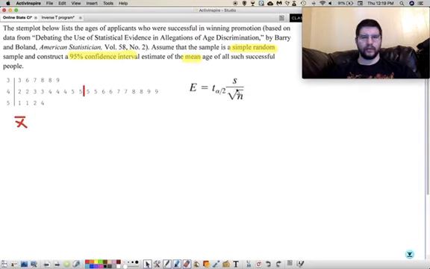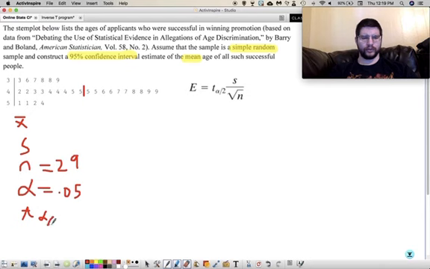Remember, it's x bar plus or minus the error to get our confidence interval. So s, we need s. Well, we don't have that either. Both of those you can get from the data though. And I just counted, hopefully I counted correctly, n is 29. And alpha, we actually do know that one, 0.05. So our t of alpha over 2 are critical values.